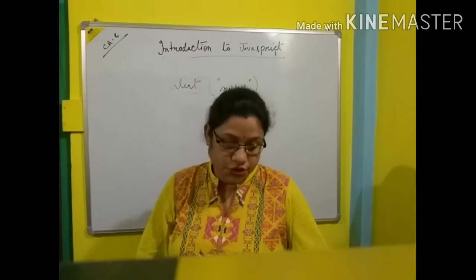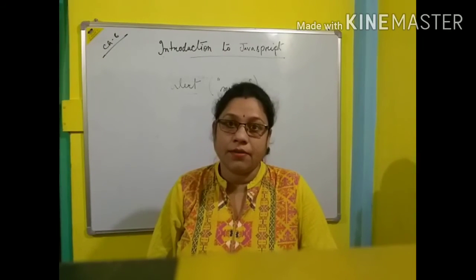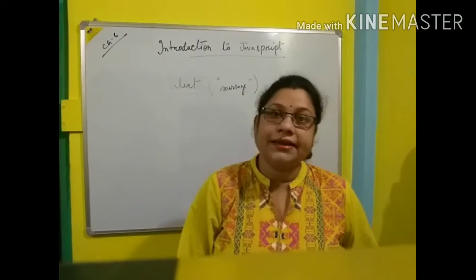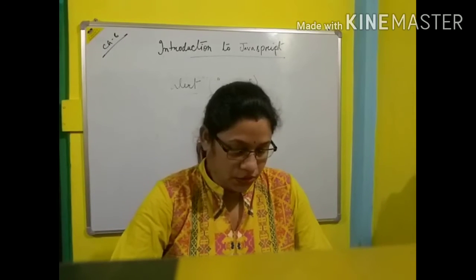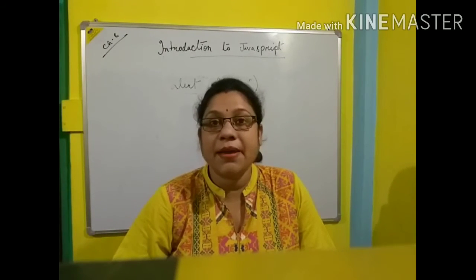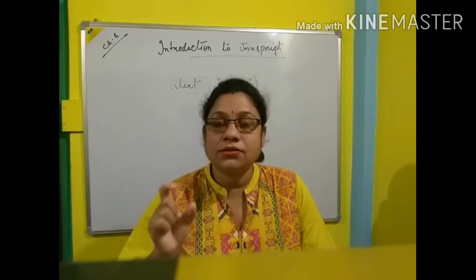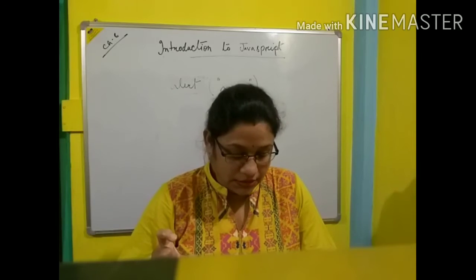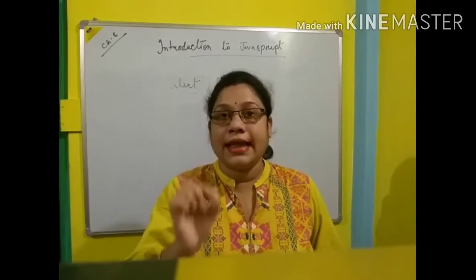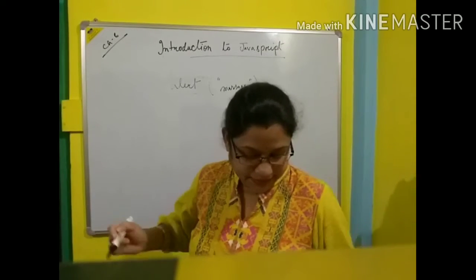JavaScript supports two types of comments. Number one, single line comment, and number two, multiple line comment. So a single line comment, as the name suggests, includes only one line. That means inside the comment line you are going to put only one line. It starts with a pair of slashes.